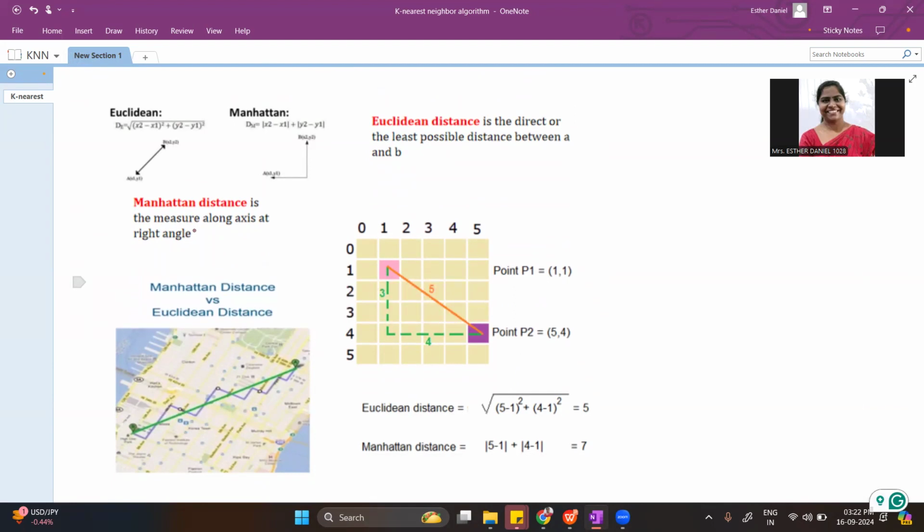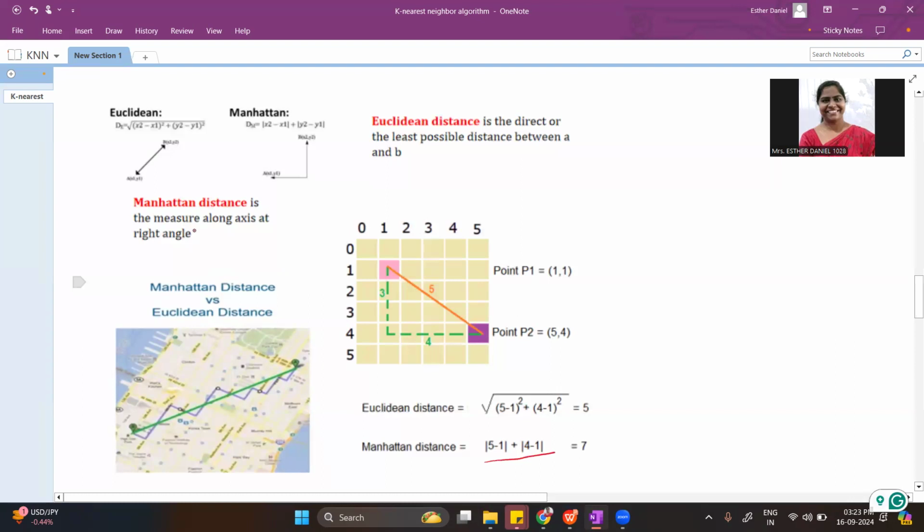So Euclidean distance is the direct or the least possible distance between A and B. This is the formula: root of (x2 minus x1) the whole square plus (y2 minus y1) the whole square. When we take the Manhattan distance, it is measured along the axes at right angles, so we take the absolute value.